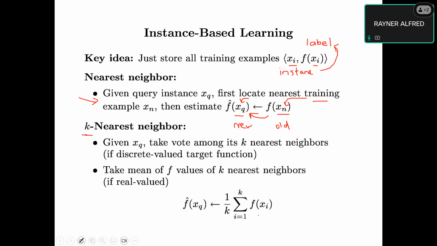So we take all the labels from 1 to K, where K is the number of nearest neighbors. Whoever gets the majority will be assigned as the class label of XQ.